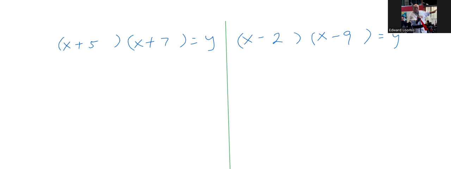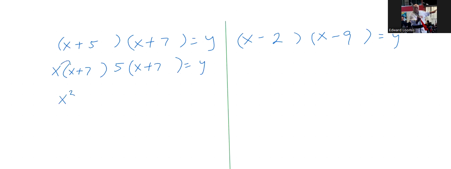So I'm going to take my first parenthesis, x plus 5, and I'm going to break it apart, x, 5. Take my second parenthesis and put it with both of these. Second parenthesis is x plus 7, x plus 7. And that equals y. Now, all I have to do to get rid of the parentheses is distribute. X times x, that gives me my x squared.